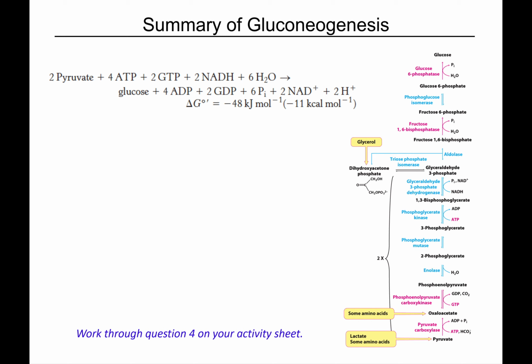So effectively, this is consuming 6 ATPs to make 1 glucose, right? That is 4 more ATPs than glycolysis produces. So reversing glycolysis, the gluconeogenesis pathway, is not as favorable as glycolysis, as you would hope reversing glycolysis would be.